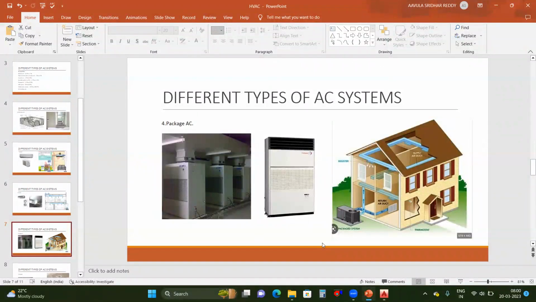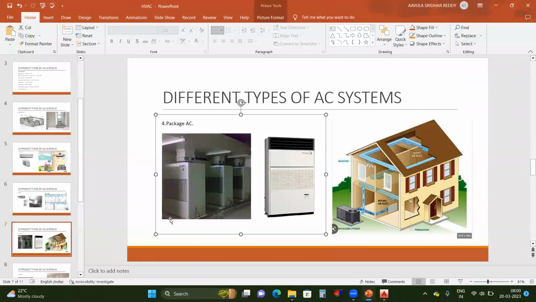You can see the left side image. Here they have placed three package ACs and connected them with one ducting system with the help of ducts. I think the capacity is very high, so they have connected them in series and transfer the air with the help of duct.